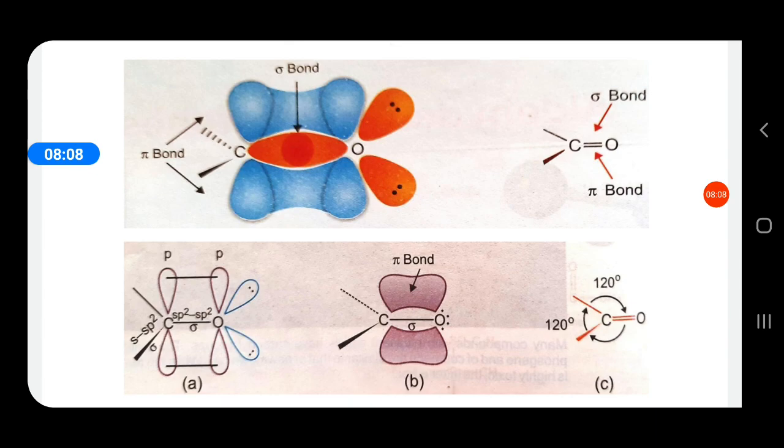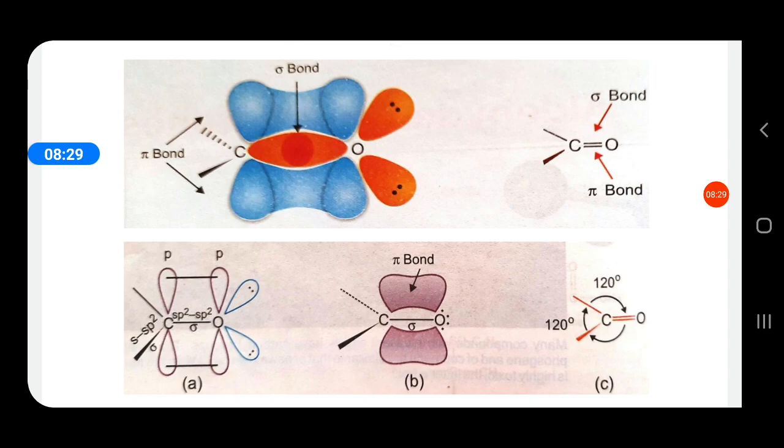Carbon and oxygen each have one unhybridized p orbital perpendicular to the plane, which overlaps laterally and forms the pi bond. This pi bond is distributed above and below the plane of carbon and oxygen.